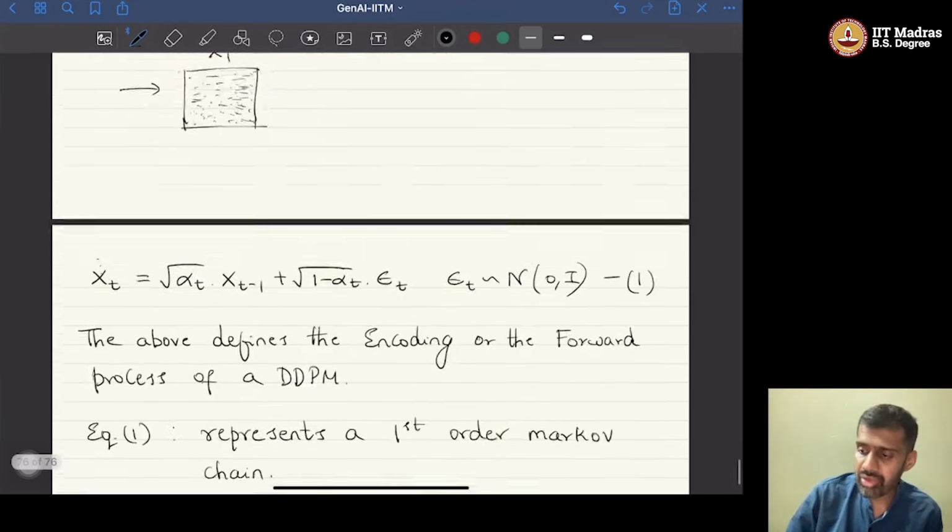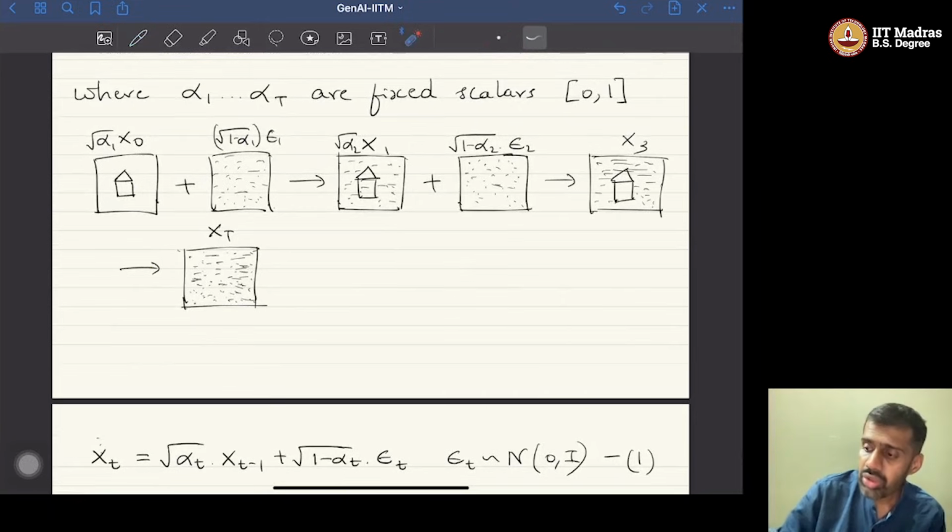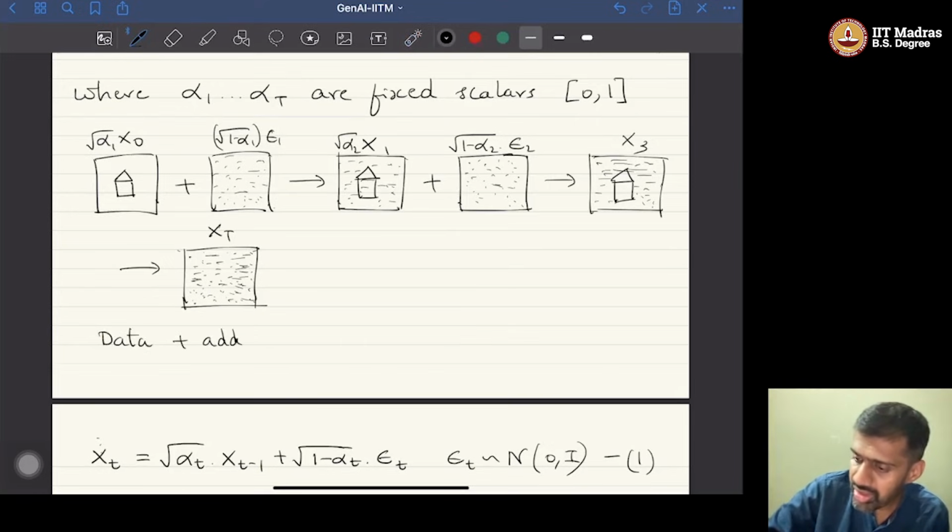From a diagrammatic point of view, xt is the data point that you get by adding noise for t number of steps. So you take data, add noise, and then we have the first latent space, which is noisy data, data plus noise.